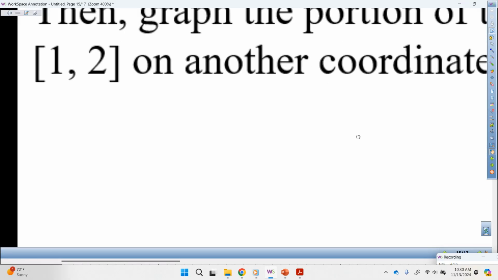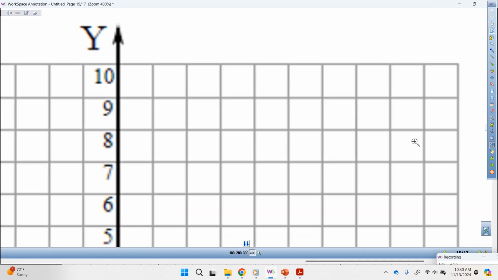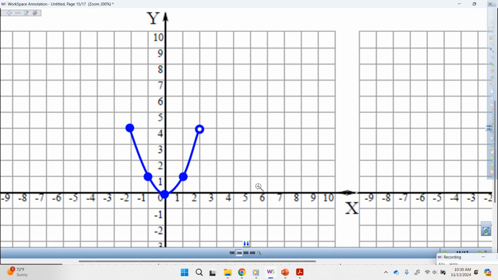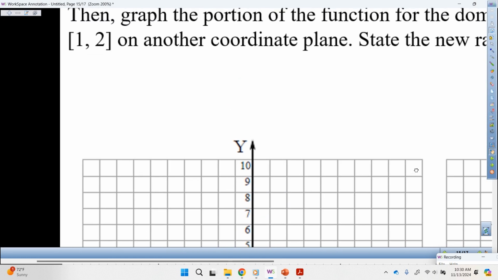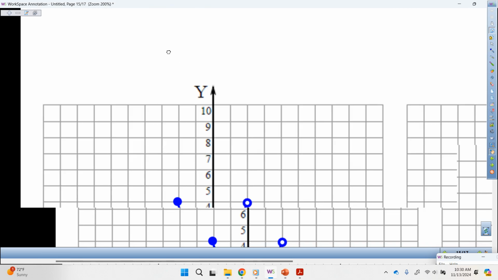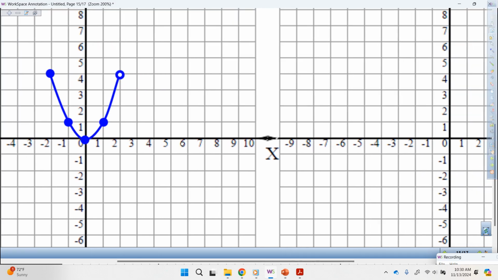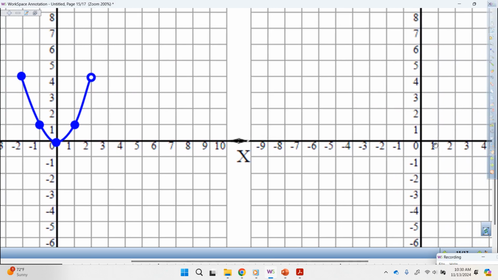Oh, you do have it on the paper, right? Oh, my bad. Okay, let me zoom out. There it is. So they want us to graph on the other little graph from domain from 1 to 2. So look at it from 1 to 2. Graph that to the new graph from 1 to 2.